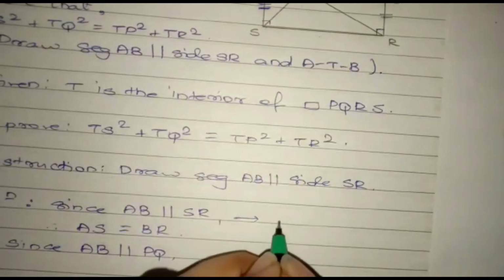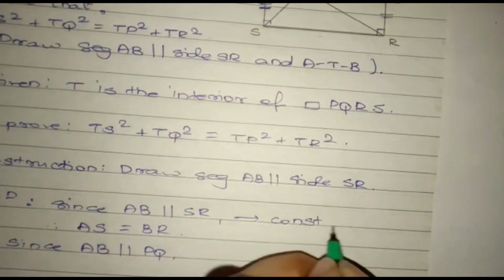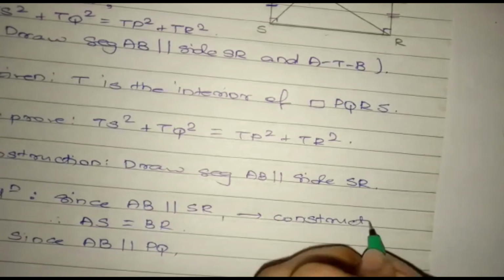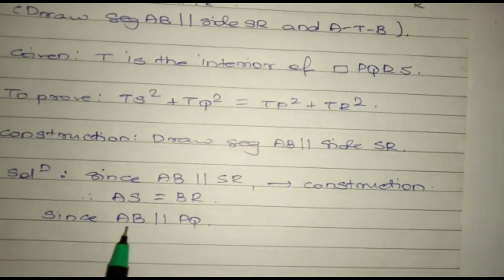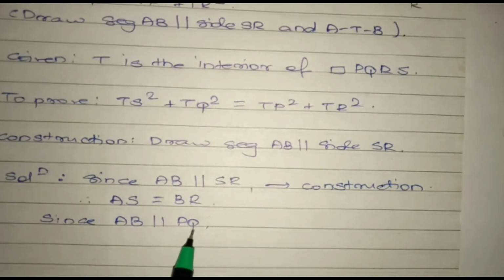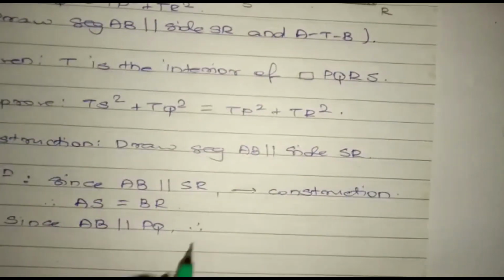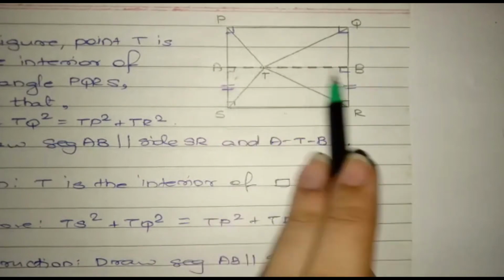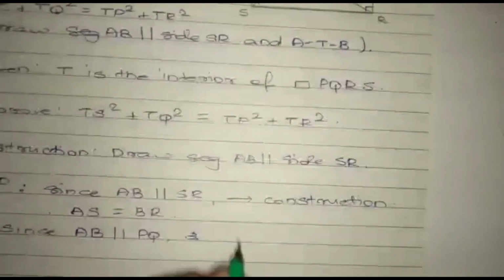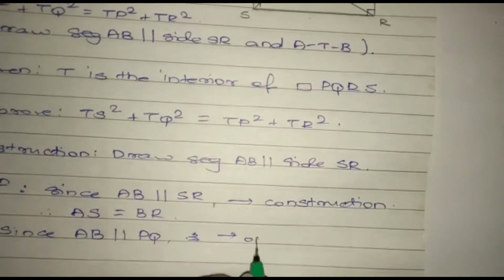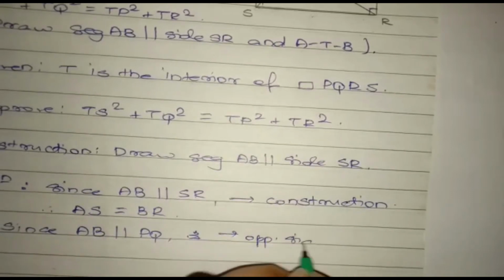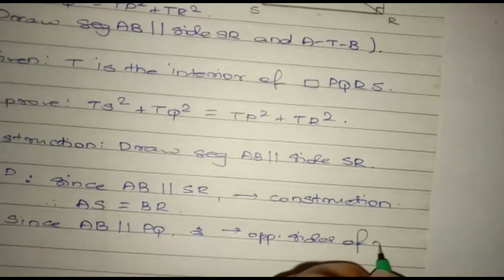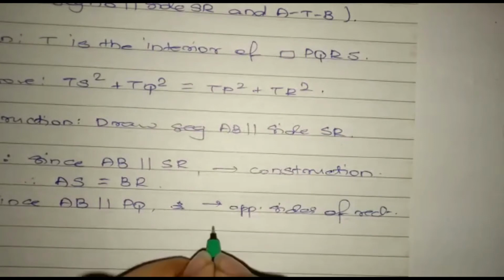We will write here construction. Okay, we had constructed AB parallel to SR. So AB was parallel to SR due to construction. Now AB is parallel to PQ, because opposite sides of a rectangle are parallel to each other.